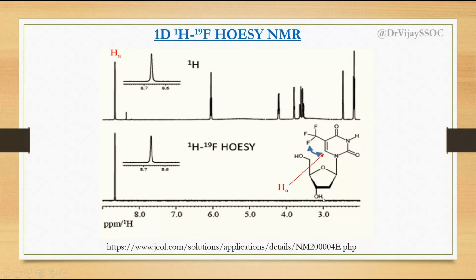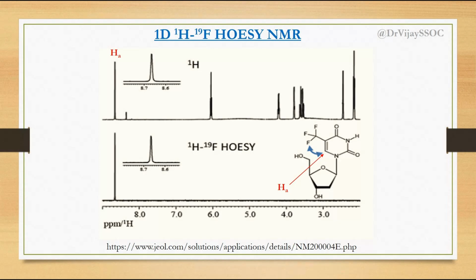You don't see any other signal in this one-dimensional proton fluorine HOESY NMR. Only you see the intensity of this proton, which indicates that this CF3 is in close proximity to this hydrogen atom. Okay, if this example is not enough, let's move to another example.